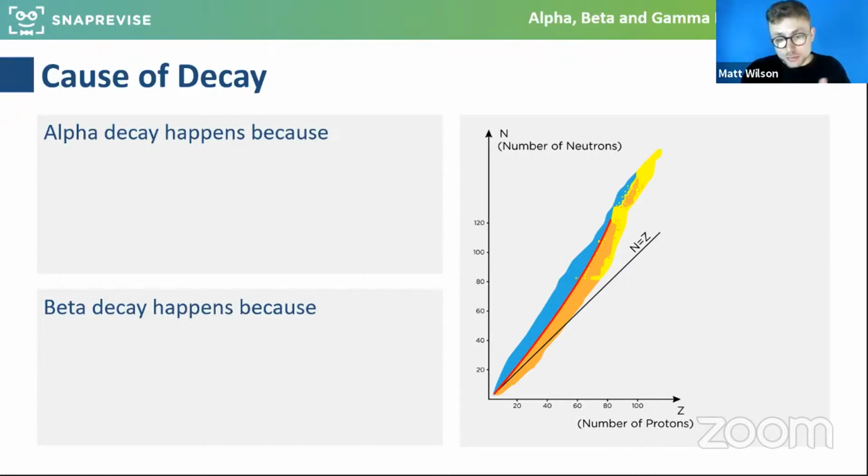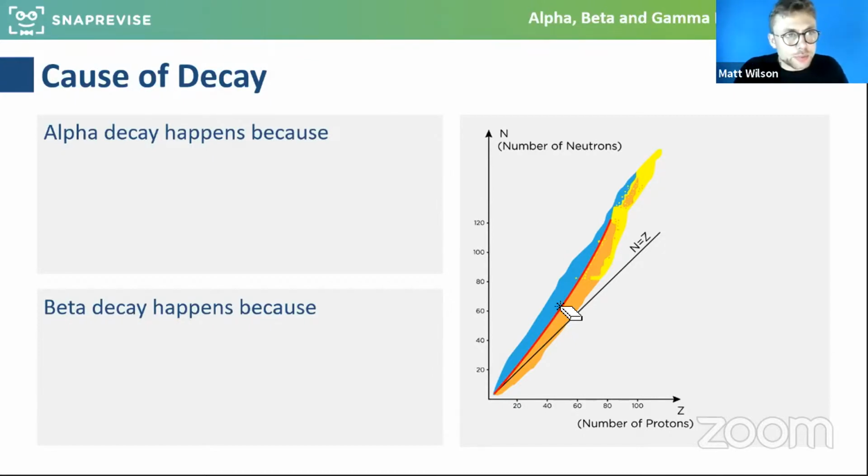Well, one way of thinking about it is that essentially there are certain numbers of protons and neutrons that you can have together which are stable. That's actually given by this line here, which we'll explain in more detail in a second, this red line. So there are certain ratios of protons and neutrons which are stable. It turns out if you just have too many protons and neutrons, it's impossible for your atom to be stable.